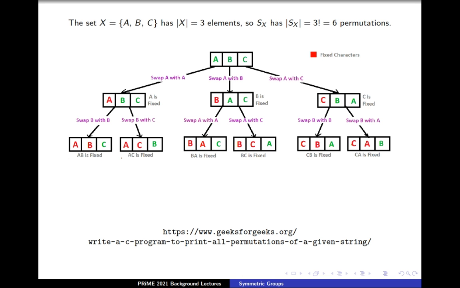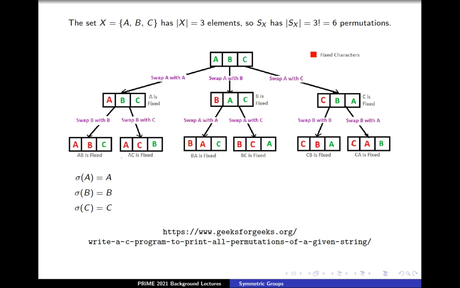The following diagram shows all 6 possible permutations of the letters A, B, and C. Let's consider going all the way along the left-hand side of this diagram. So this is the identity permutation. This permutation fixes each of the elements A, B, and C.